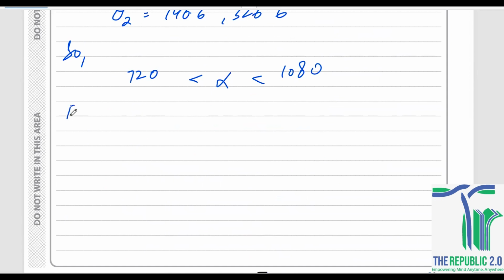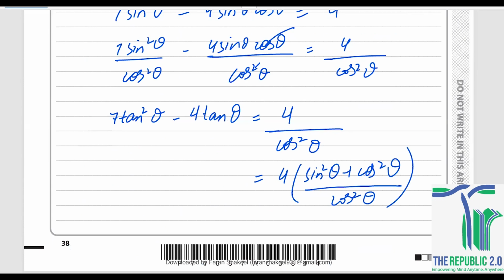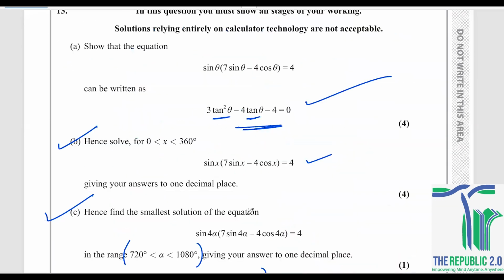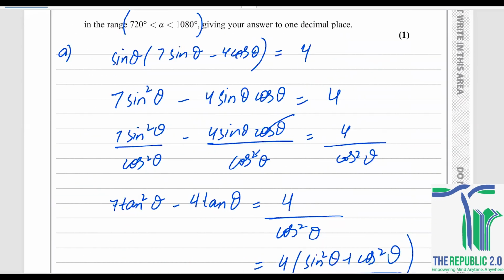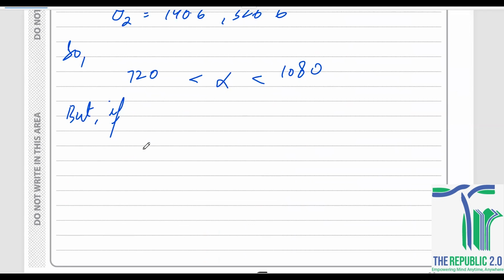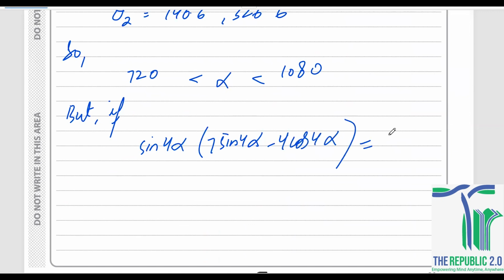But if you remember, the equation we're looking for now is not in terms of alpha, it is in terms of 4 alpha. So I'm just going to write it down: sine 4 alpha times (7 sine 4 alpha minus 4 cos 4 alpha) is equal to 4.